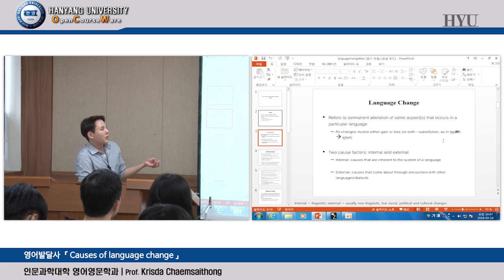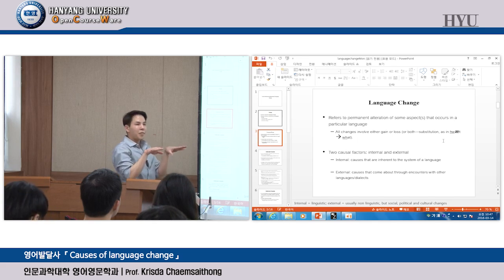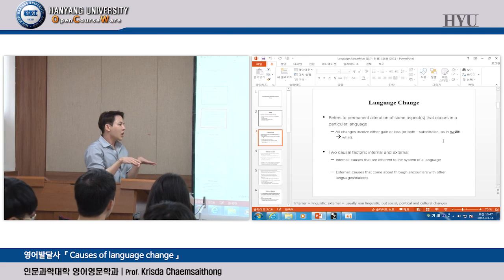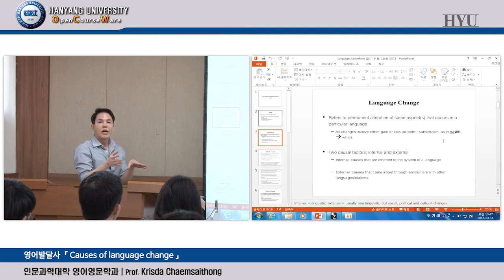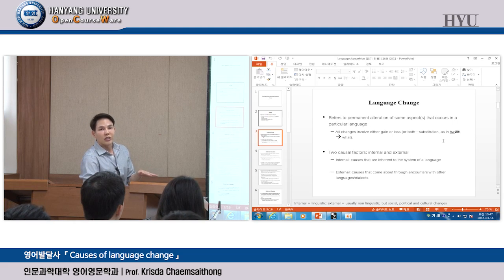The causes of language change are double layered, you can say. You have the top layer being the social, historical, or political causes that will trigger the underlying causes.